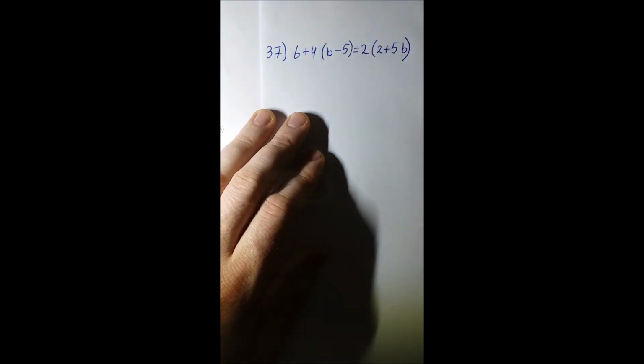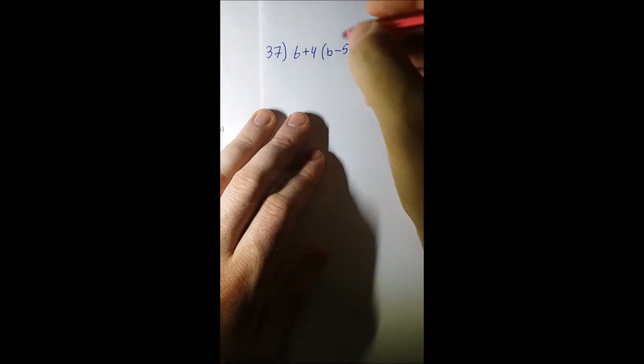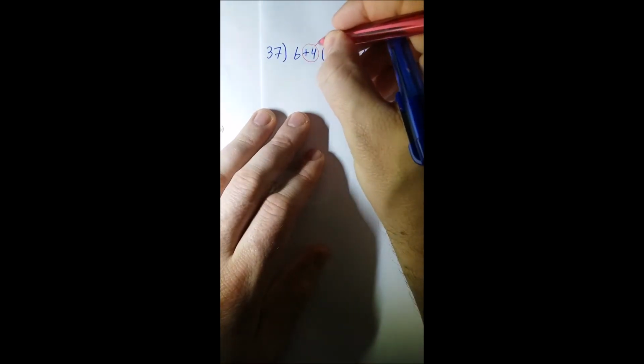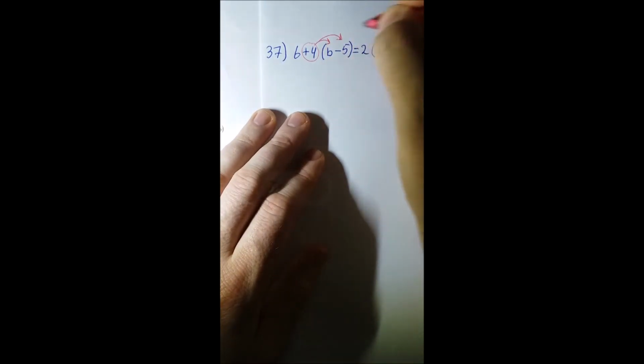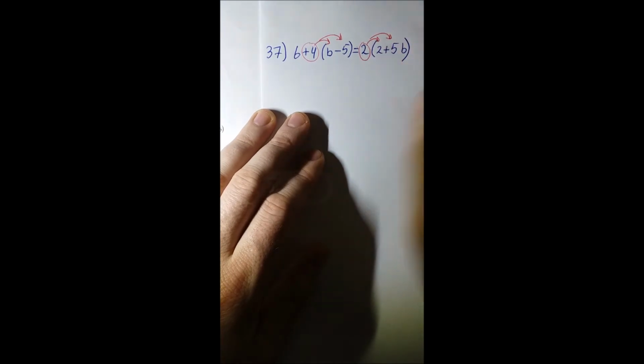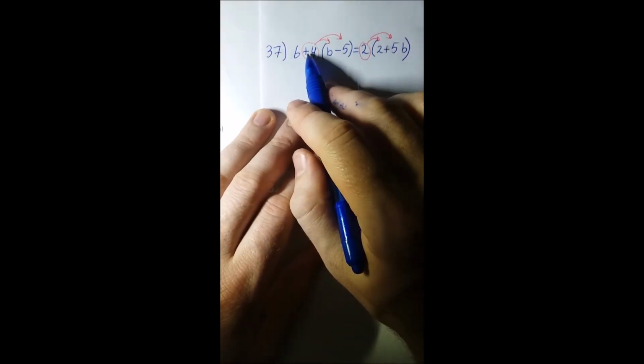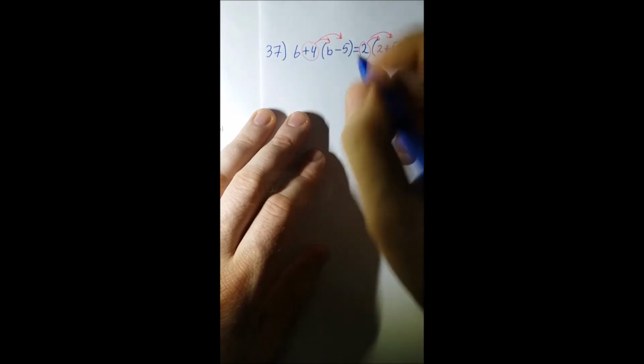So then we go to step 2, which is distribute this 4 into this parenthesis, and then distribute this 2 into this parenthesis. Okay, and notice how I include this sign here. It's positive 4. If there was a negative, I would have to multiply a negative 4 by whatever is inside the parentheses.